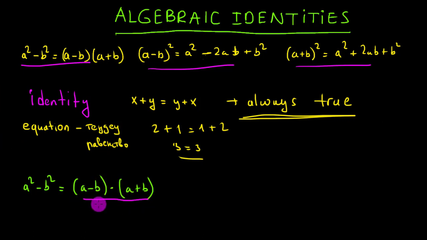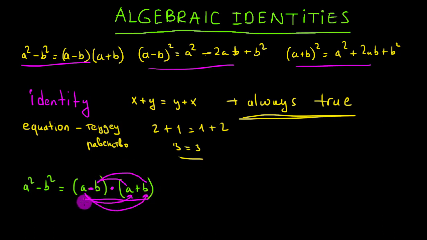You remember how to open brackets when you have multiplication. You multiply a by a, then a by b, then b by a, and then b by b. But don't forget about this minus. It will also go to this place.